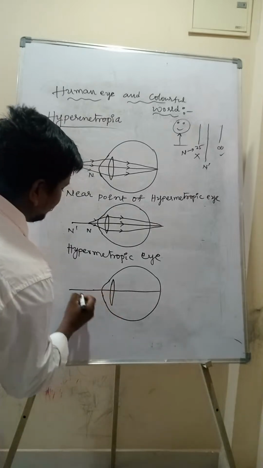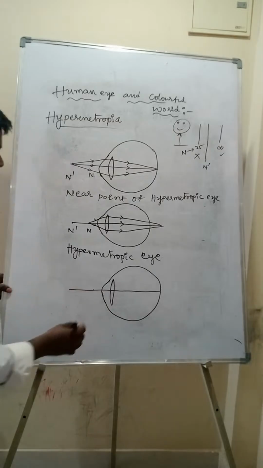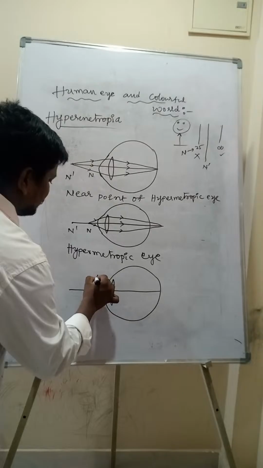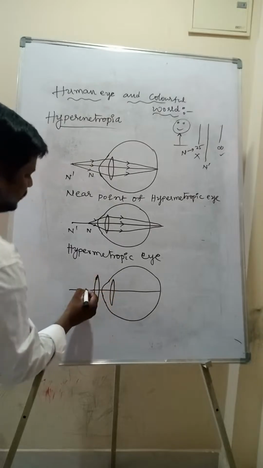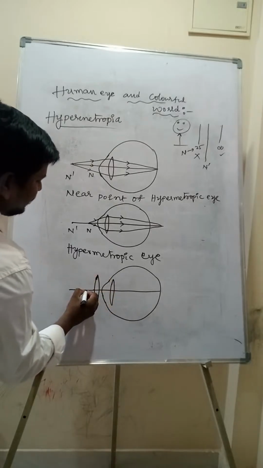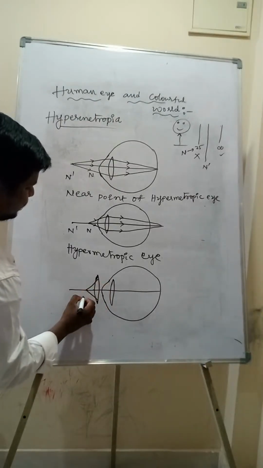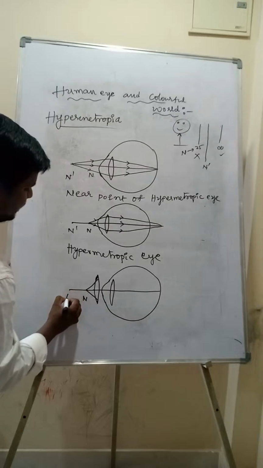This is the near point, this is n dash. I am taking the convex lens. Light rays I am considering here. If you take this, this is 25 centimeter, so n I am taking, this is n dash.